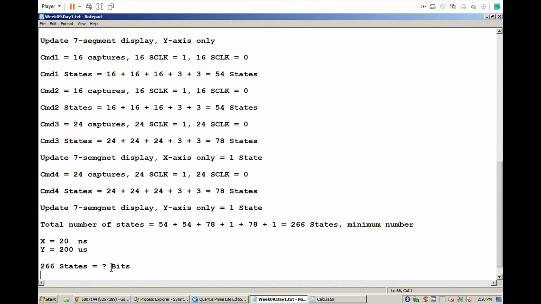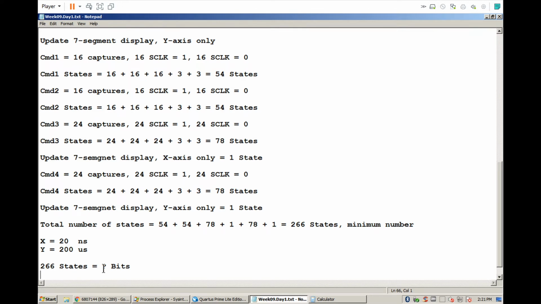If you have 1 bit, you can have 2 states, 0 or 1. 2 bits, 00, 01, 10, 11, 4 states. 3 bits, 8 states. 4 bits, 16. 5 bits, 32. 6 bits, 64. 7 bits, 128. 8 bits, 256. 9 bits, 512.